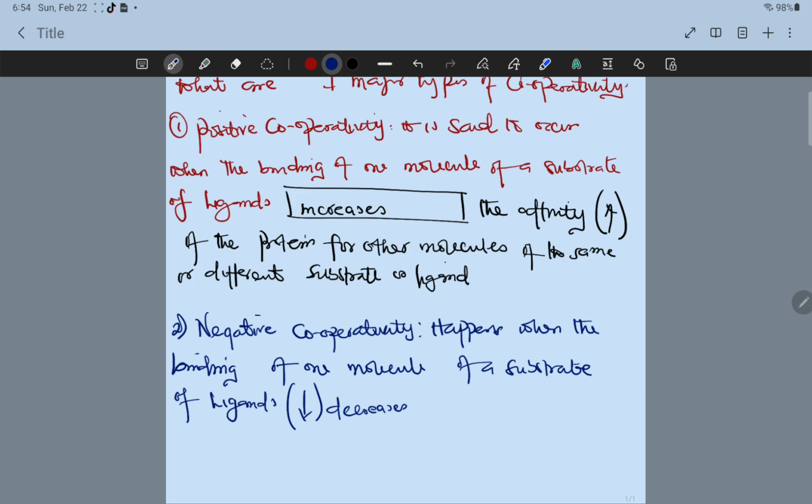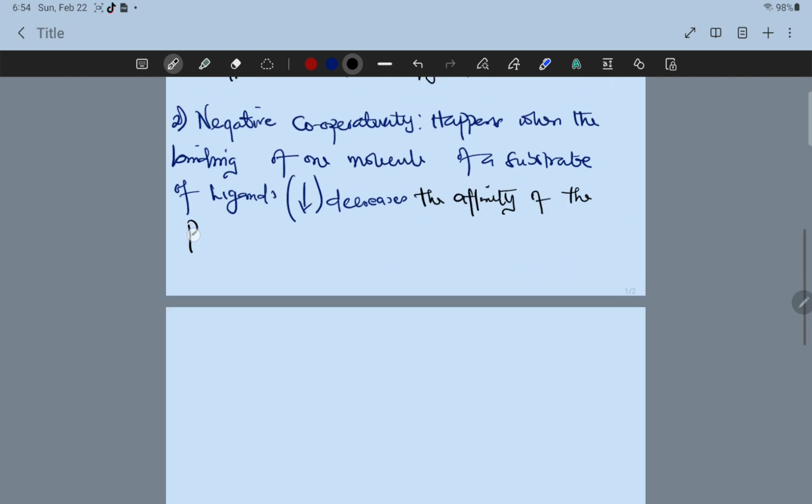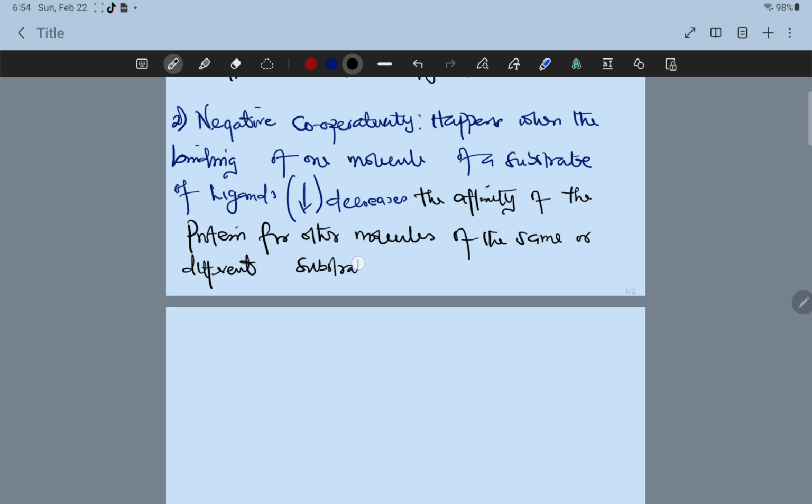It decreases the affinity of the protein for other molecules of the same or different substrates or ligands.